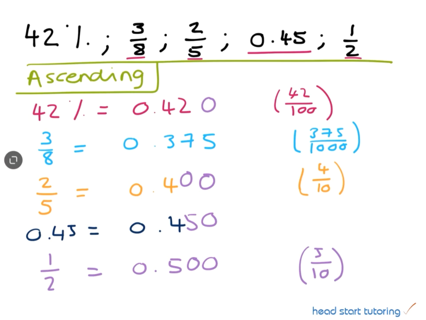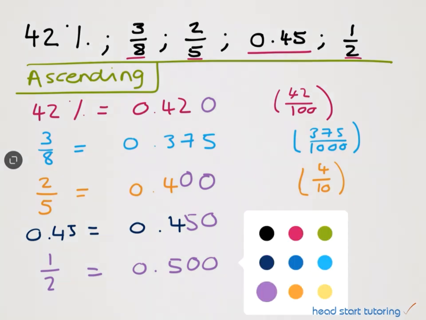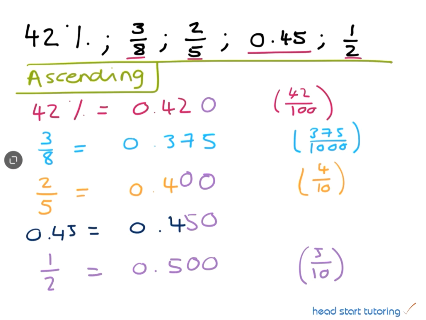So now we've got 3 decimal places for each of our decimals, and we can then compare the decimals in the place values. So if we have 0.420, each of our decimals has noughts, so we can just have a look at our decimal places, and we can almost pretend that those are whole numbers.